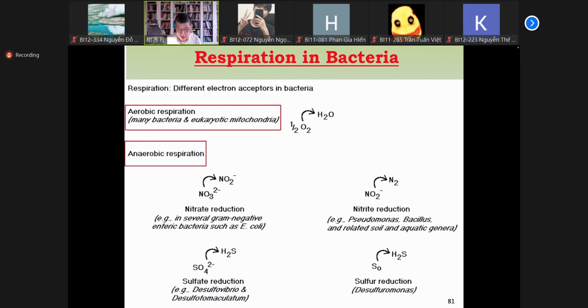So I have to also use up some of your time to read the PPT and also find the book to read. The book Brock's Biology of Microorganisms.